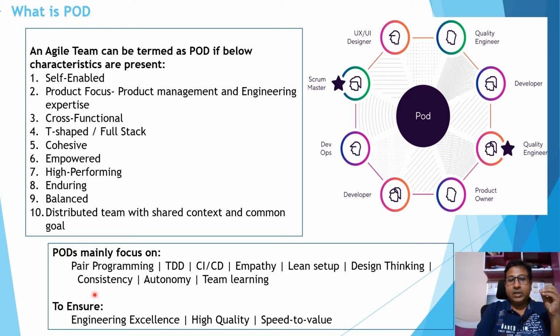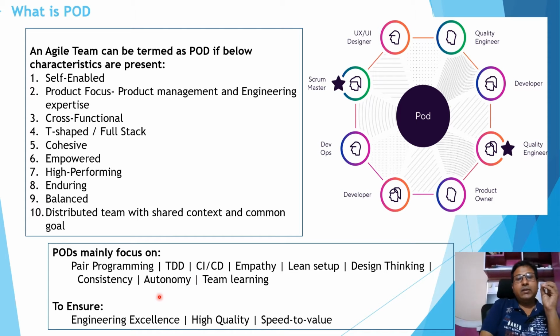Then the pod should have consistency, a constant velocity, a constant speed of delivery. It should have autonomy, which means they should be able to take their own decisions. And team learning, that means continuous learning, should be in place.